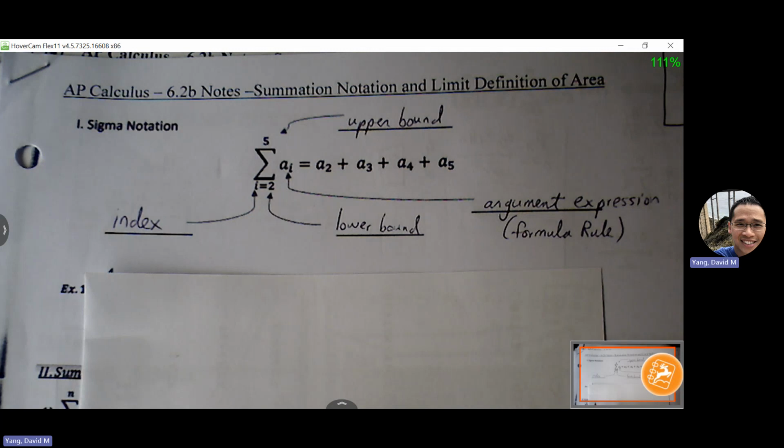But here, we're starting at 2, so that 5 doesn't mean that there's 5 terms. It means it's the last i value that you plug in. So there are only 4 terms here because we're starting at 2 and going to 5. But a lot of times we do start at 1. So a lot of students assume that the top number always means the number of terms, but that's not always the case.